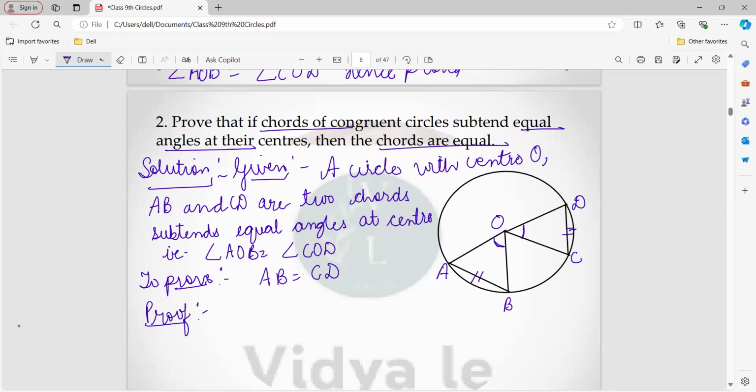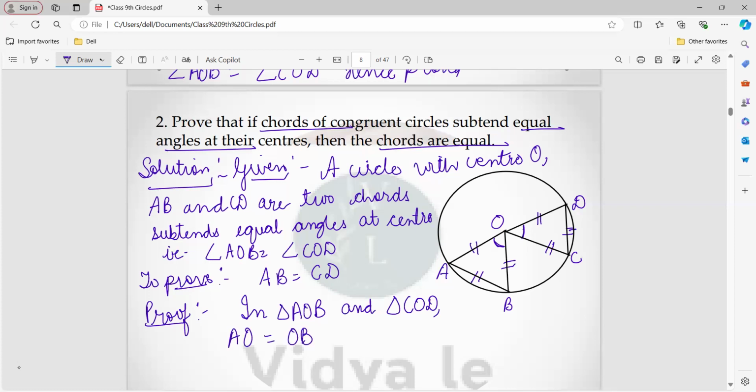So let's prove. Again, we'll take both triangles, triangle AOB and triangle COD. Now, in both the triangles, we can see that AO is equal to OD, OB is equal to OC, as these are the radii of the congruent circles.